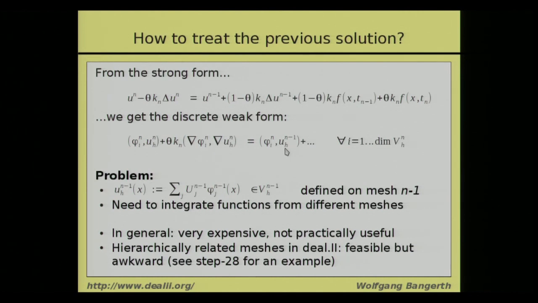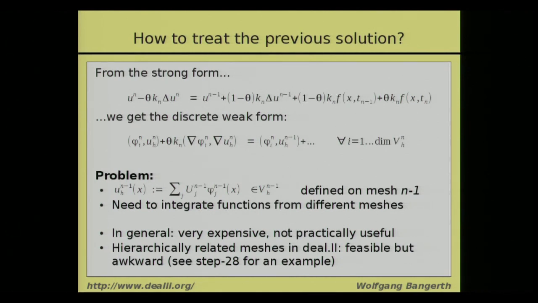And if you think about this some more, it turns out that this is actually a really awkward term to integrate. Because when we integrate, we typically split our integrals over the individual cells, and then we replace the integral over individual cells by quadrature. And then when you do quadrature, you need to evaluate these functions at quadrature points.